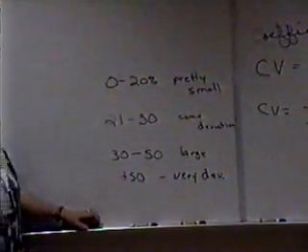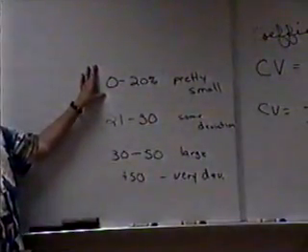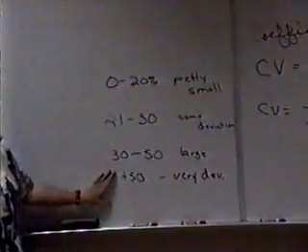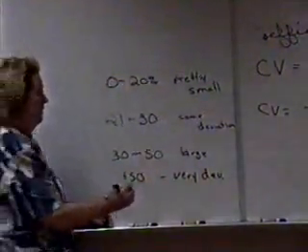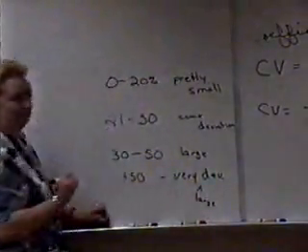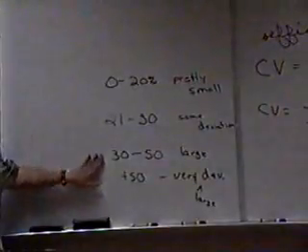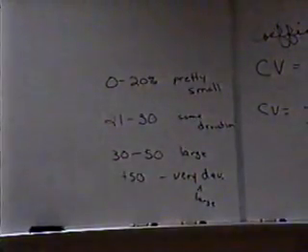This just sort of gives you a general rule of thumb to think about. If it's 20%, that's small deviation. But if it's 58%, that's very large deviation. Like I said, this is just sort of a rule of thumb to help you tell if you have a large variation or not.